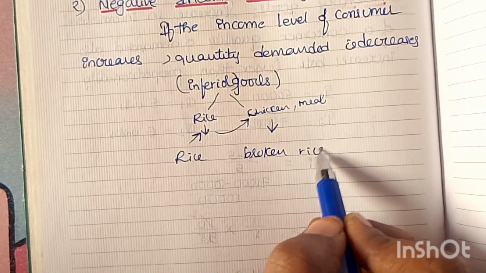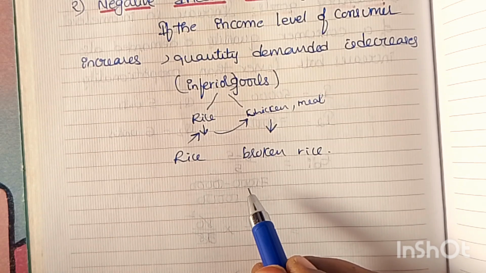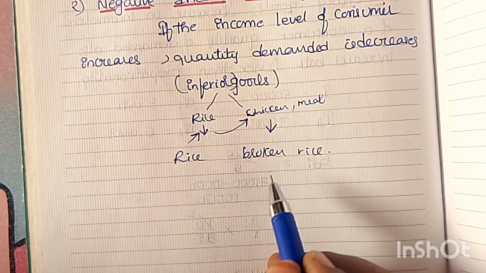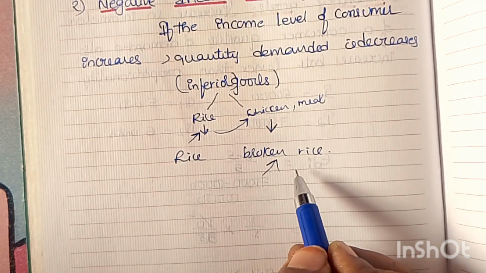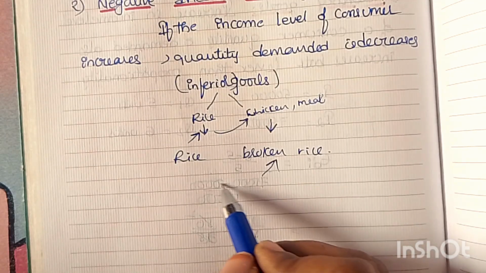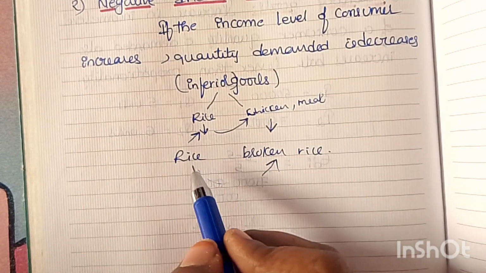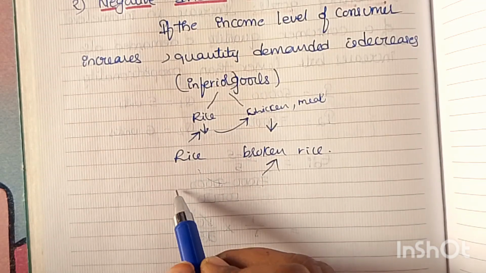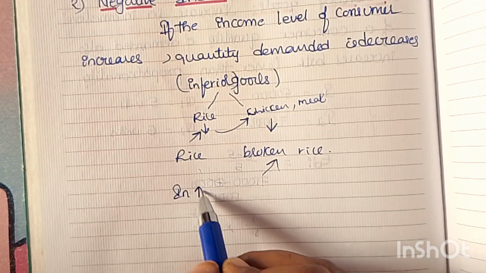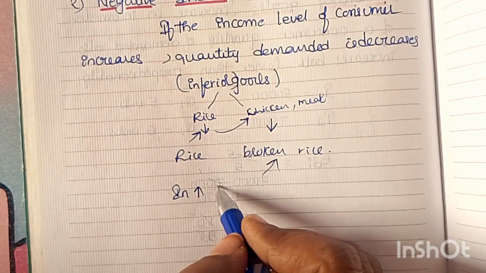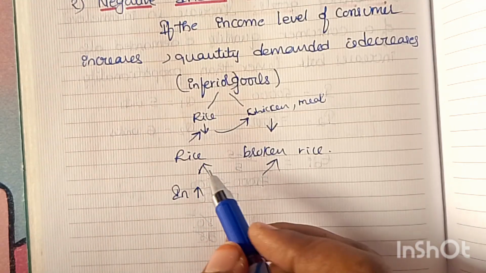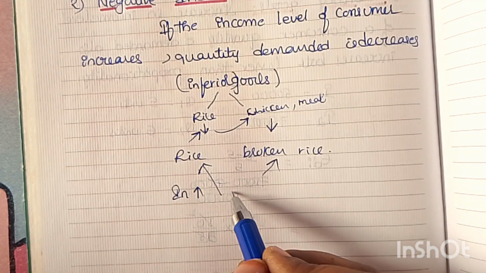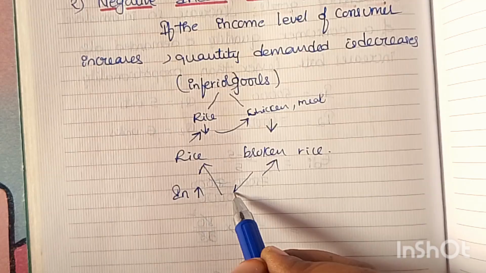Suppose the income level of a person is very, very low, so he prefers broken rice rather than good rice, okay. Then if the income level of the consumer increases, obviously the demand for good rice increases, then the demand for broken rice decreases, okay.